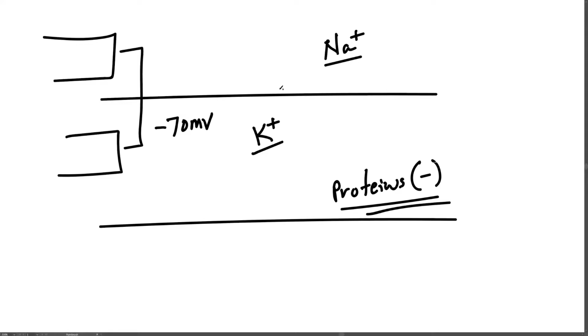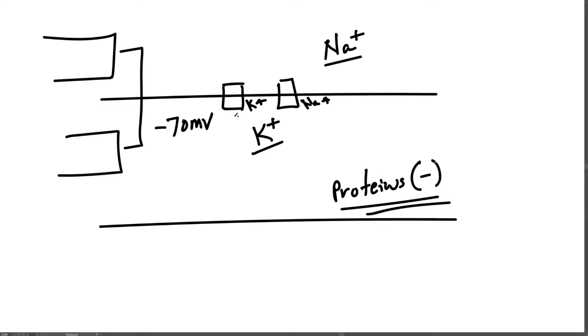And it turns out that the action potential is propagated by channels in the membrane that selectively allow either potassium or sodium to pass through the membrane. So you could have a potassium channel like this, K+, and you could have a sodium channel, Na+.